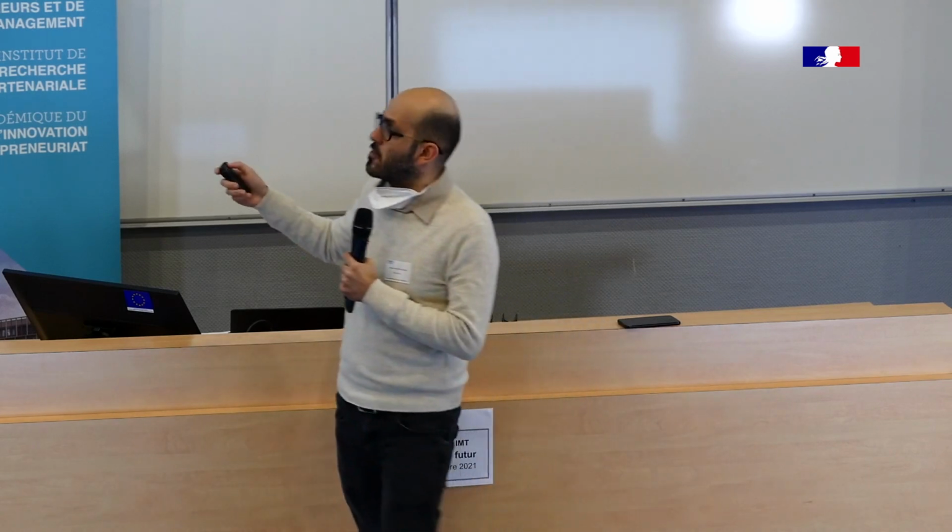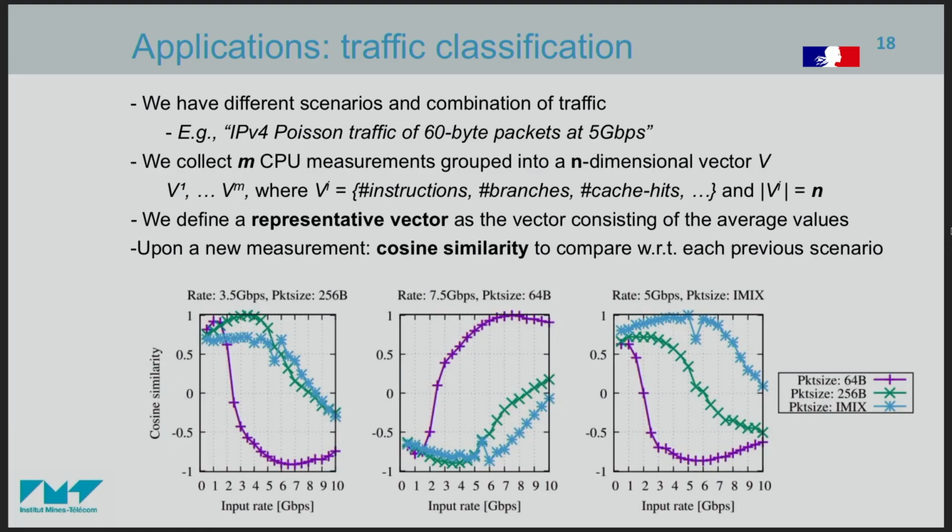In particular, we collected M CPU measurements, and we grouped them into several n-dimensional vectors, where each vector includes all the low-level features from the CPU, so the number of branches, the number of cache hits, and all the others. We defined a representative vector for different scenarios. For instance, a scenario is a combination of the network traffic and the input rate.